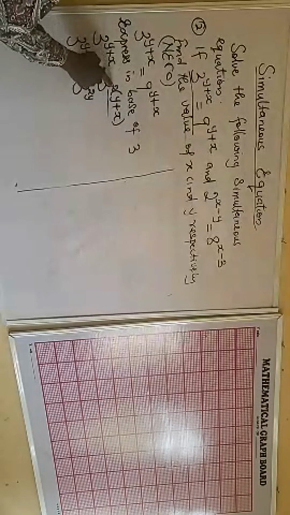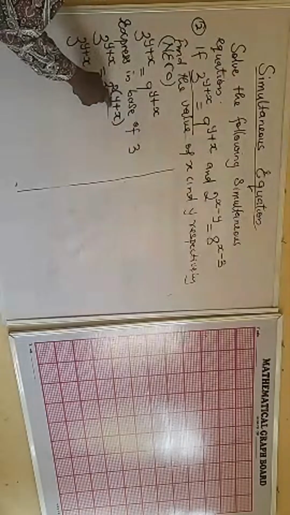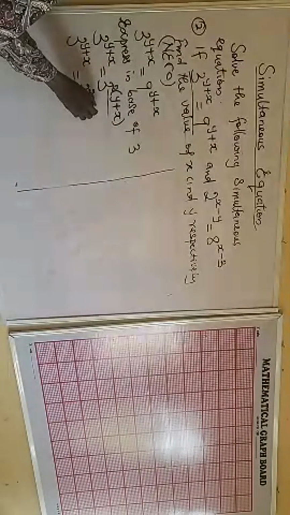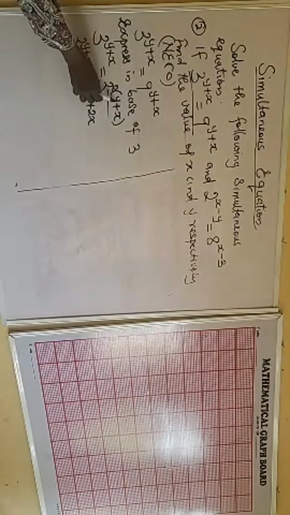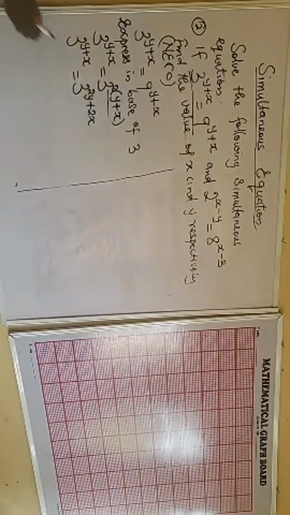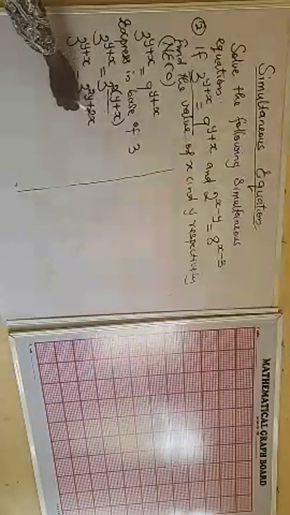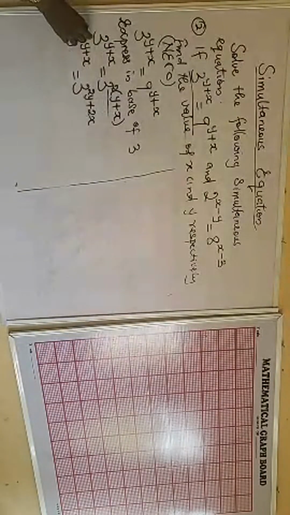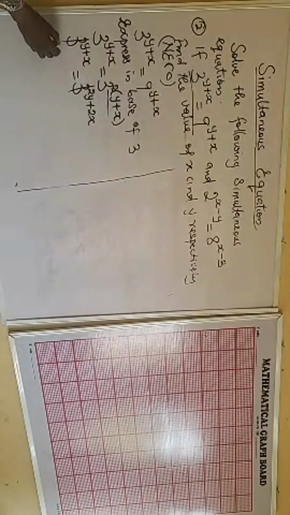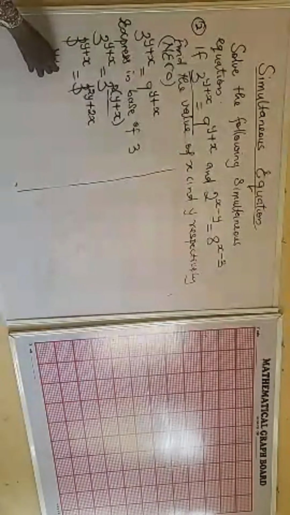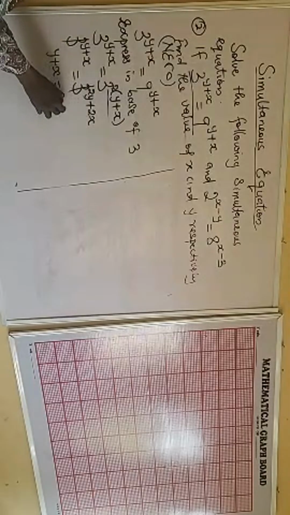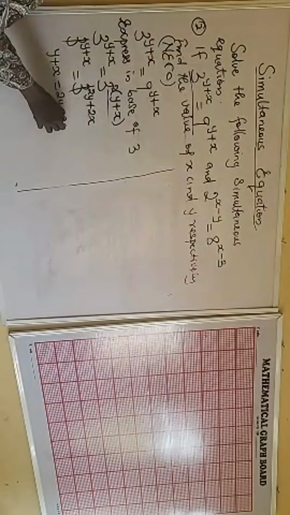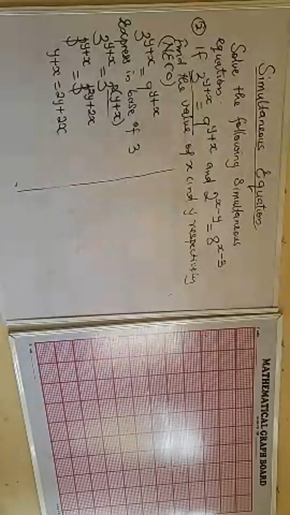Take note, I'm opening the bracket. 2 times plus x is plus 2x. 2 times y is 2y. 2 times x is 2x. If you like, you cancel the base. You take the power. y plus x is equal to 2y plus 2x.